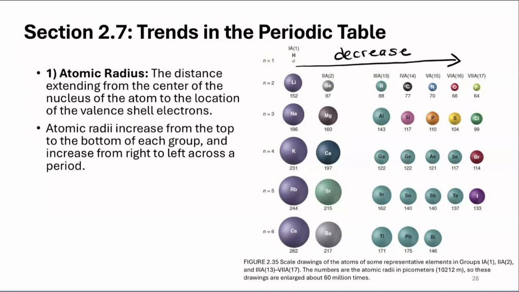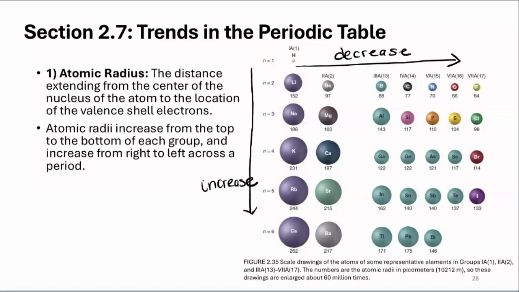Well, if we move from a lower period number to a higher period number, we can observe that the atomic radius is going to increase. At times students wonder, why is it that the atomic size is decreasing when I move across a period, but it increases when I move down within a group?